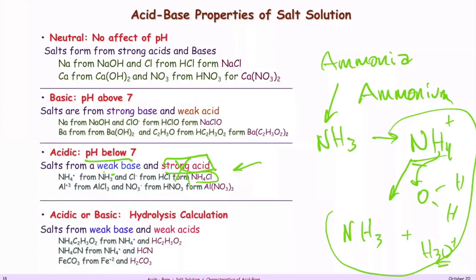That's the key. And then for this, you can see that this chemical right here, ammonium acetate, will give you chemistry that looks like this, and the acetate will give you chemistry that looks like that. What you need to do is figure out which is the dominant reaction based on the Ka or Kb, and that's how you tell whether the solution is acidic or basic.